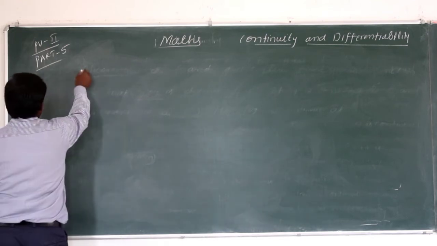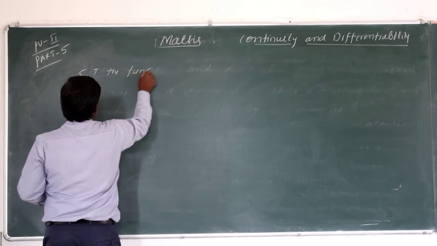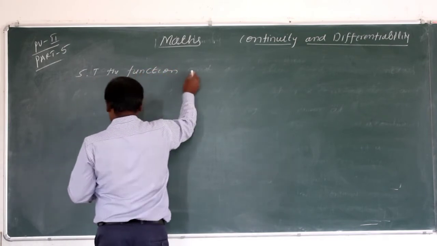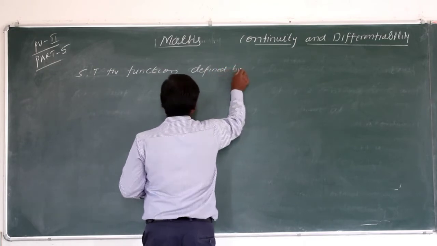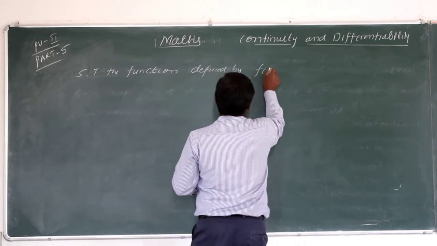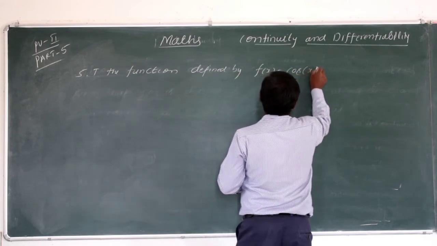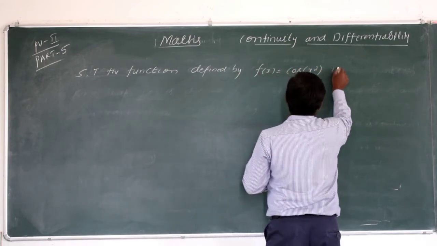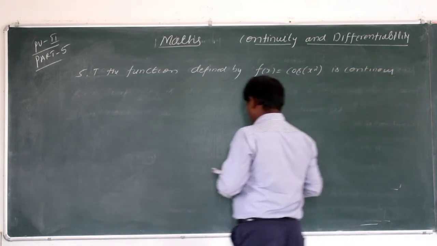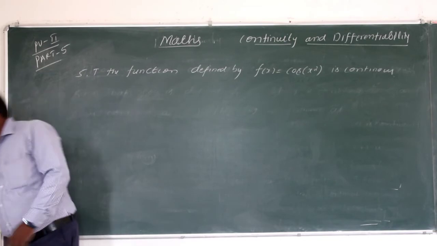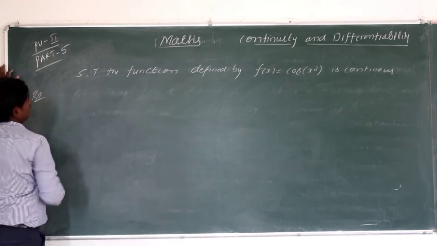Show that the function defined by f of x is equal to cos x square is continuous. Solution.